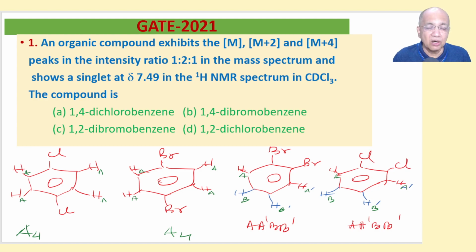What is the compound out of the 4 choices? 1,4-dichlorobenzene, 1,4-dibromobenzene, 1,2-dibromobenzene, and 1,2-dichlorobenzene.